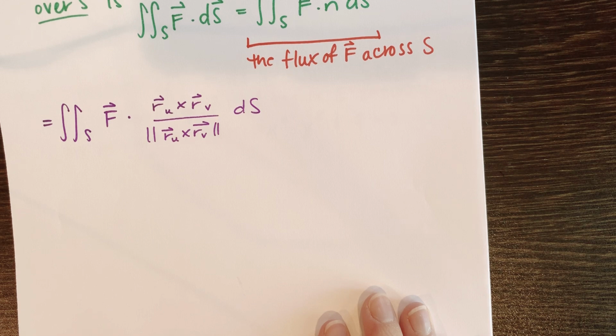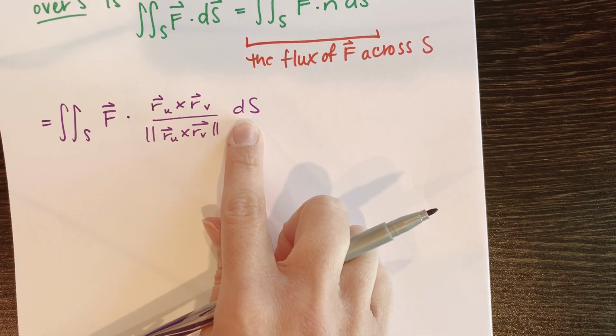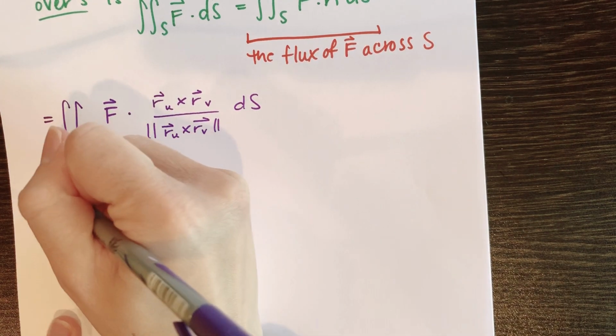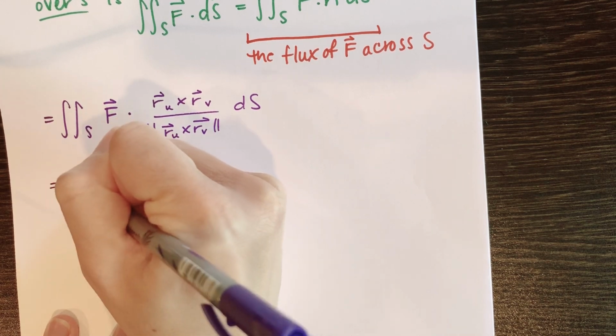The next thing I'm going to do is replace dS, which we've done in previous sections and even in this section. We're going to replace that with the magnitude of the cross product dA. So we've seen that in earlier videos.